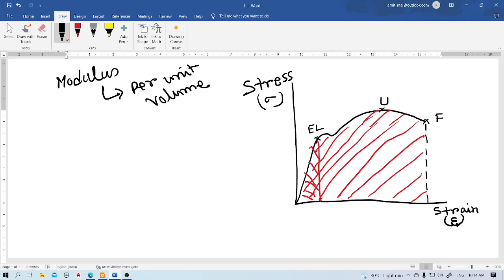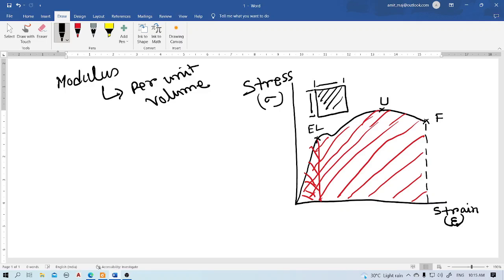This is the stress strain diagram. Along the x direction strain, along the y direction stress. If I draw a rectangle on this diagram and I ask you the area of this rectangle, what would be your answer? The length into breadth or height.